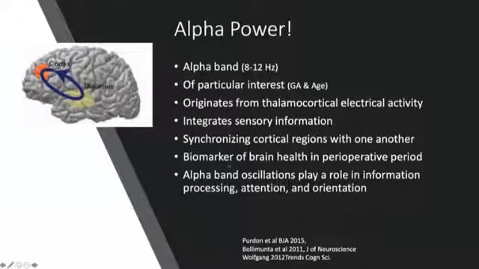It's been suggested that the electrical activity here may be a biomarker of brain health. And alpha band oscillations play a role in information processing, attention, and orientation. So this seems like a piece of information anesthesiologists may be interested in.